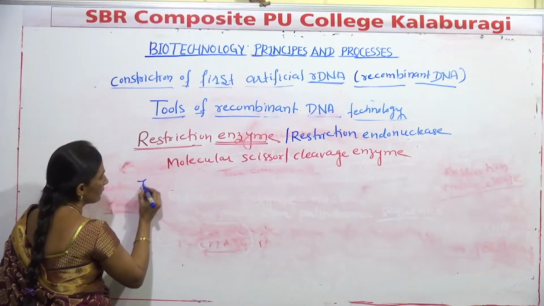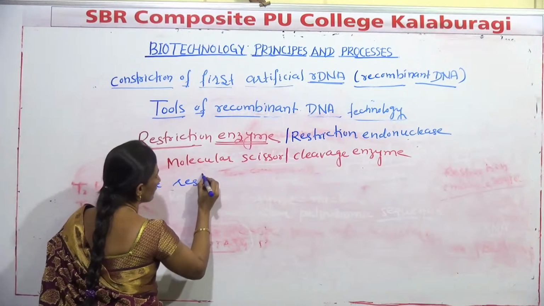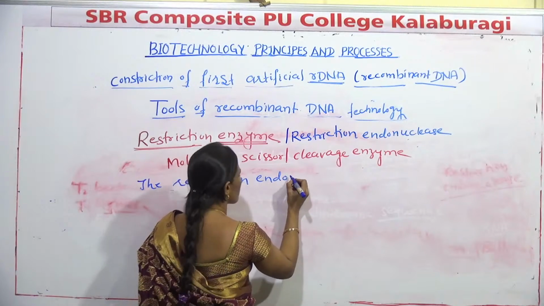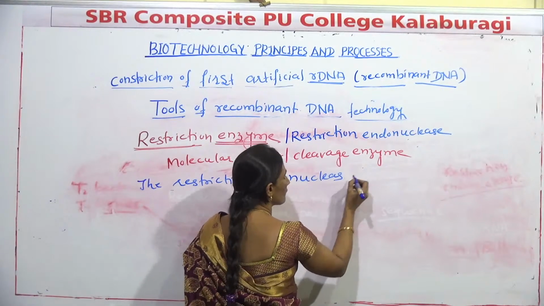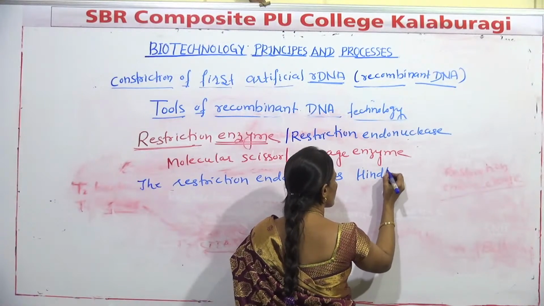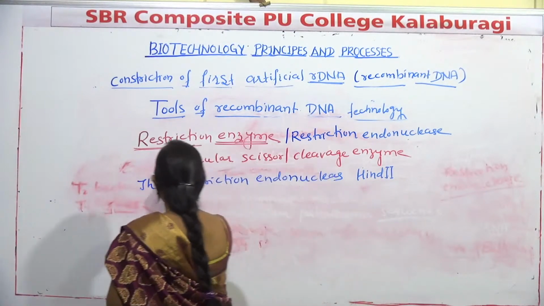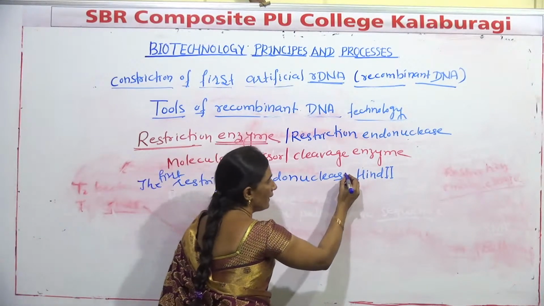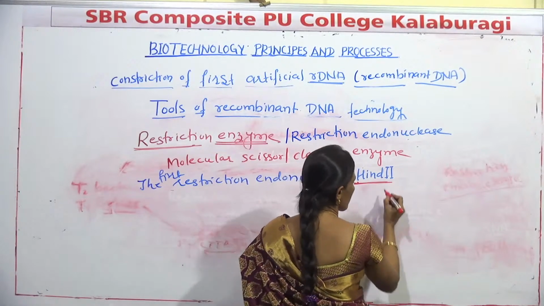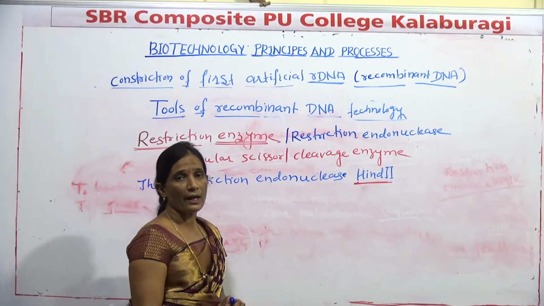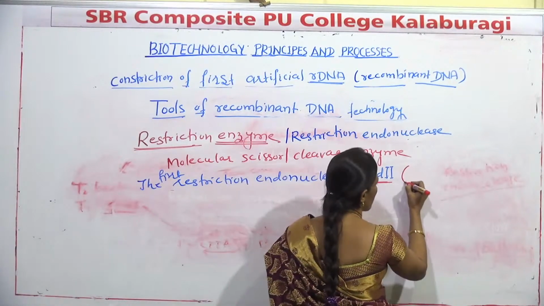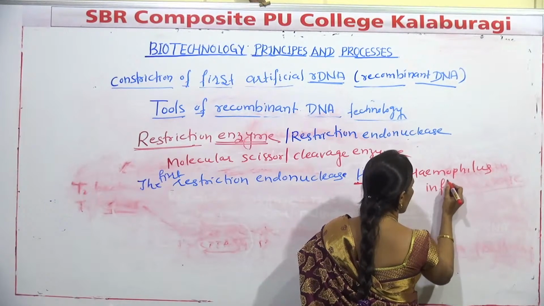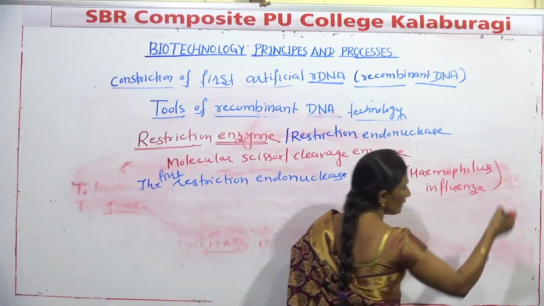The first restriction endonuclease is HindII. HindII means what? Haemophilus influenzae.